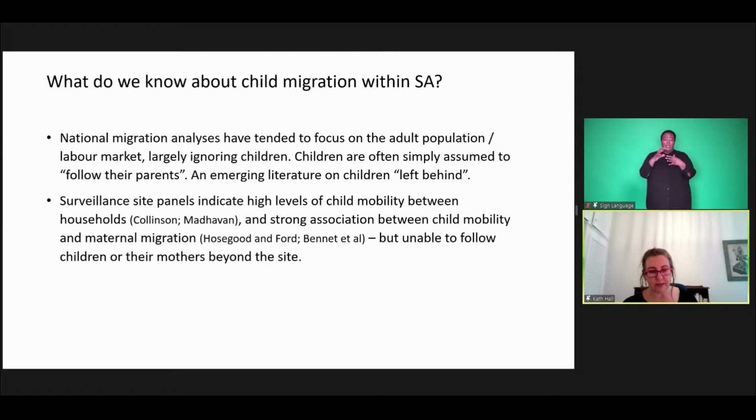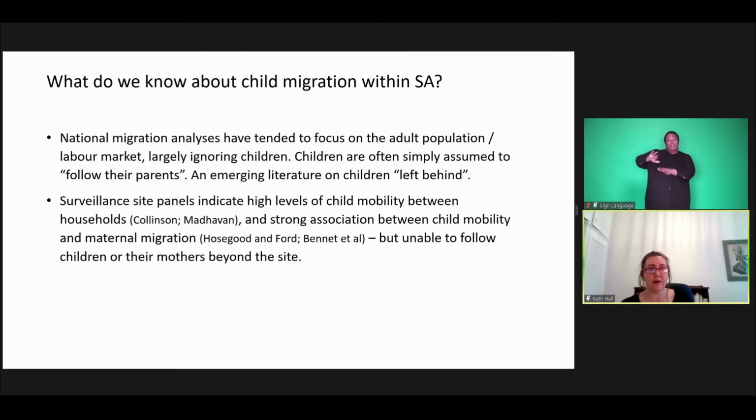Some of this change will be due to adult mobility, but some is also about the mobility of children. We know that national migration analyses have tended to focus on the adult population, possibly because of the main focus on the labour market, but have often tended to ignore children. And this gives the impression that children could be assumed to just follow their parents, although there's also been some emerging literature on children left behind.